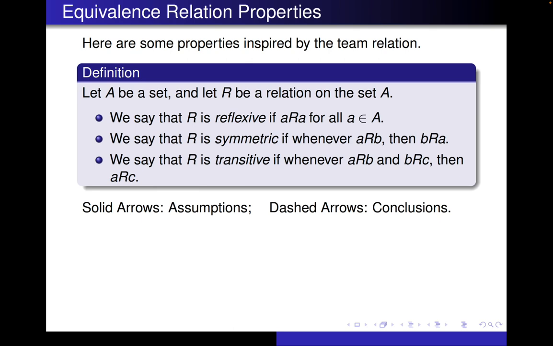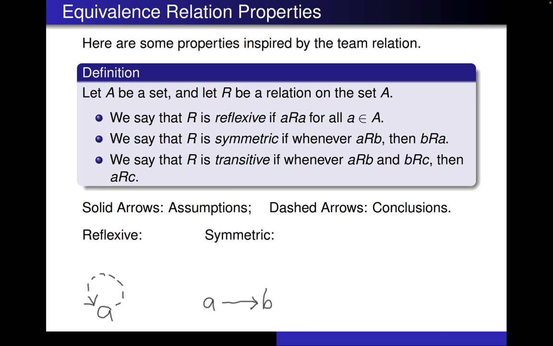All right, so for instance, if we're looking at the reflexive property, there are no assumed arrows at all. In fact, all that is assumed from our reflexive property is that we have some element in our set, little a. And what we can conclude then for our dashed arrows is that A is related to itself, which means that there's an arrow that starts at A and ends at A. So all we're assuming is that A exists, and then we can conclude that there's a dashed arrow from A to itself.